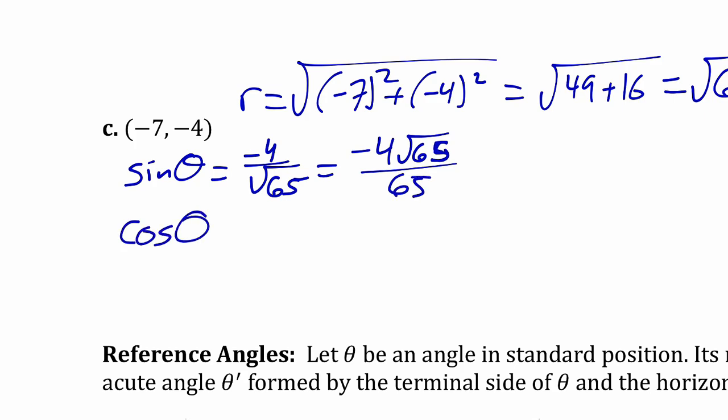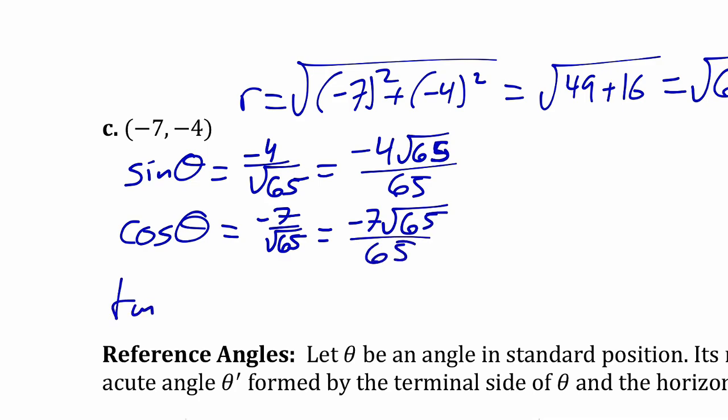Cosine is going to be the x value, negative 7, I misspoke. I wrote the right value, but I misspoke. So negative 7 over the square root of 65, which gives us, after we multiply by root 65 on both sides, negative 7 times the square root of 65 over 65.